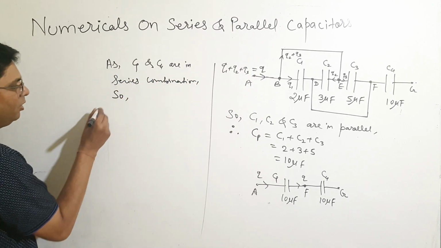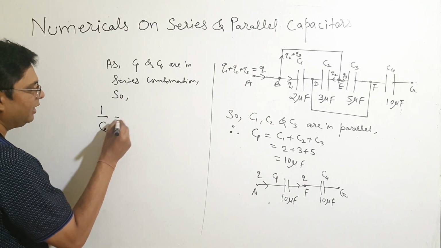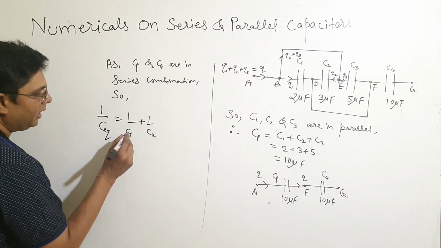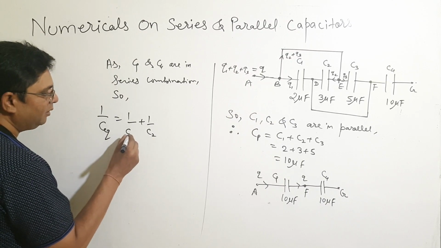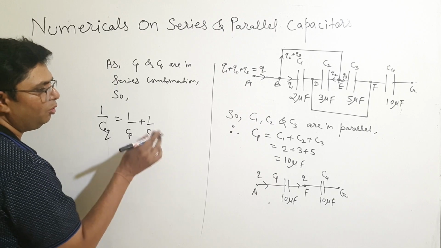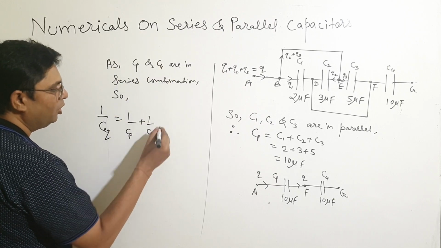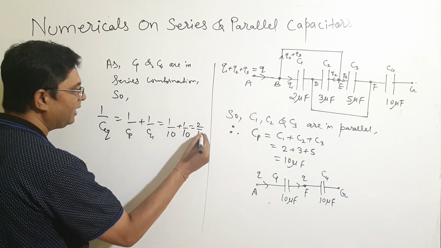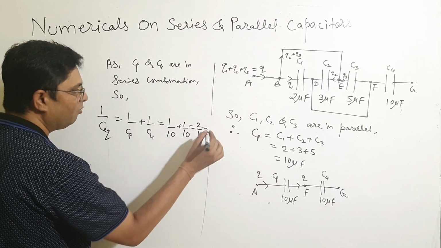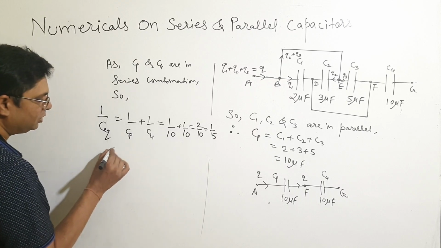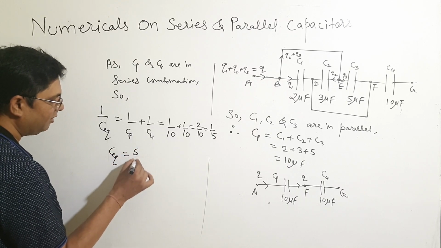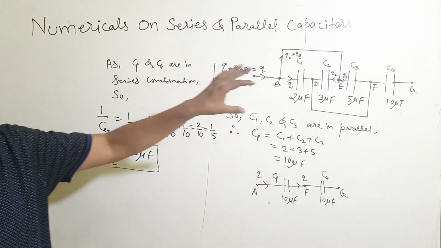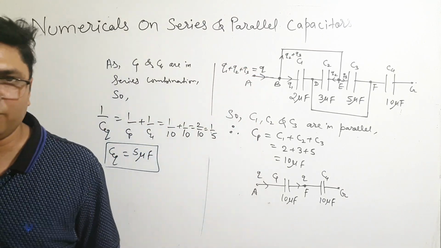So you have 1 by C equivalent equals 1 by C1 plus 1 by C2. Here in place of C1 you write Cp and in place of C2 you write C4. So it is 1 by 10 plus 1 by 10, which is 2 by 10, equal to 1 by 5. So C equivalent is 5 microfarad. Thus, the answer for the equivalent capacitance is 5 microfarad.